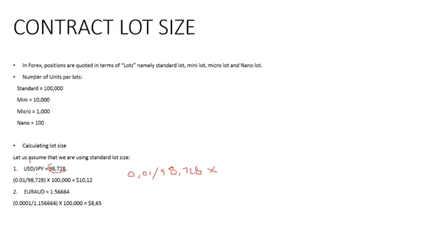Since now we're using standard lot size, you'll see when you are choosing with your broker, they'll ask what units you want, and you choose the standard lot size, meaning that one lot represents 100,000 units.